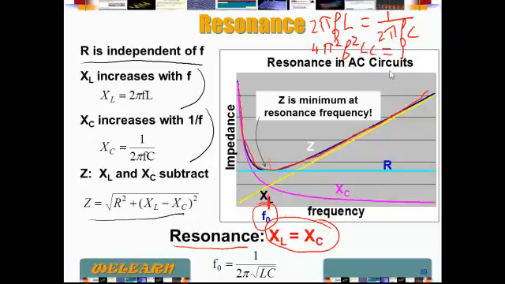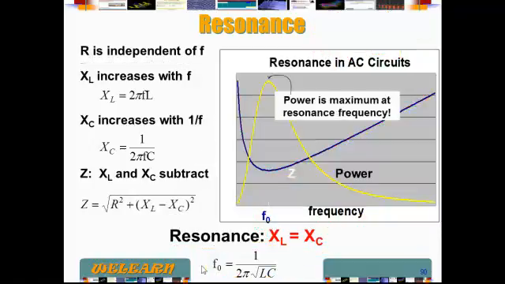And then isolating the F, we have F squared is equal to 1 over 4 pi squared LC, and then taking the square root on both sides, and that's what we get. That's our resonant frequency. That's the expression for the resonant frequency for an LC circuit.